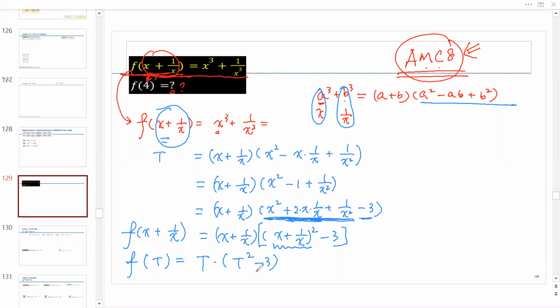We know this one is a whole number. So right now it states this is equal to 4. Suppose t is equal to 4. So 4 times 4 squared minus 3. You guys can do this. 4 times 16 minus 3, 13 times 4 equals 52. The answer here is 52.